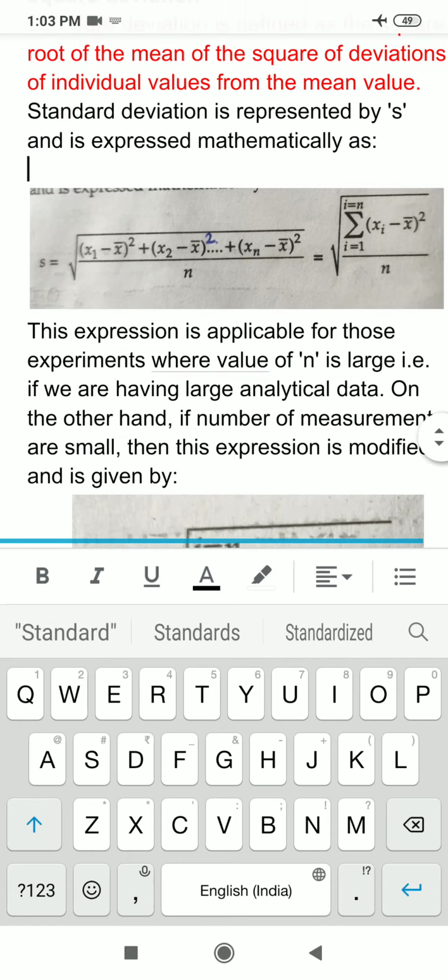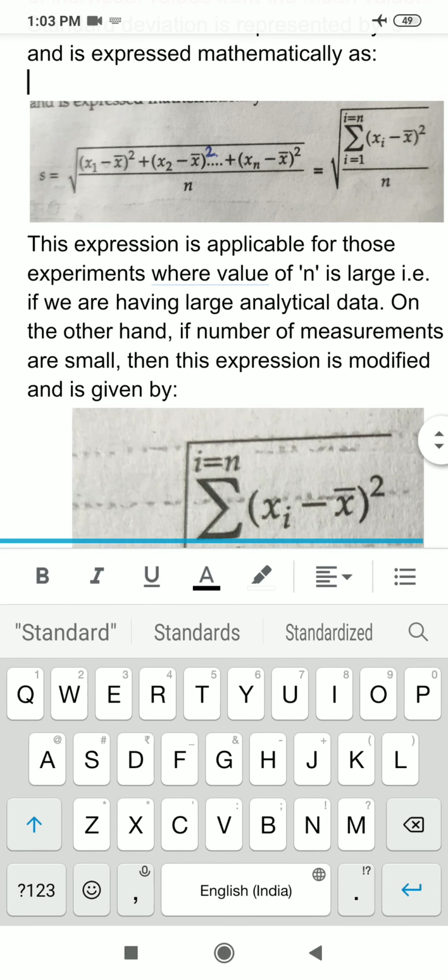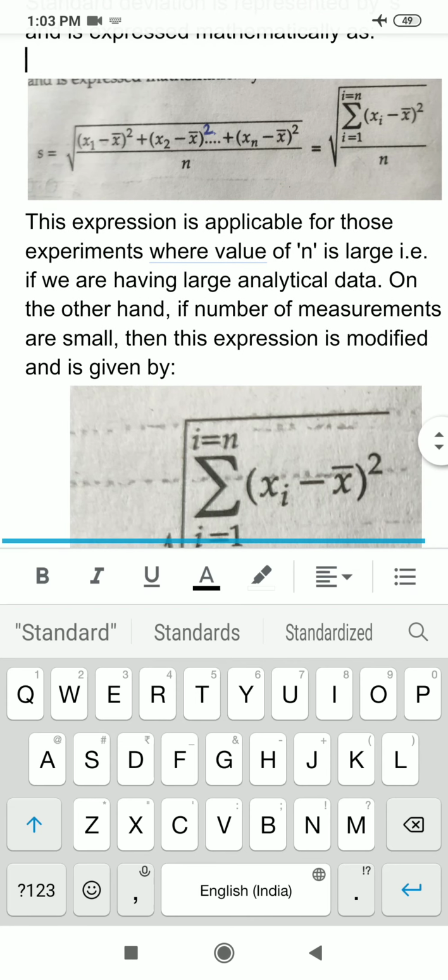Please focus on the screenshot. I have written s is equal to under root of x1 minus x bar raised to power 2 plus x2 minus x bar raised to power 2, and so on up to xn minus x bar raised to power 2, and this whole divided by n.